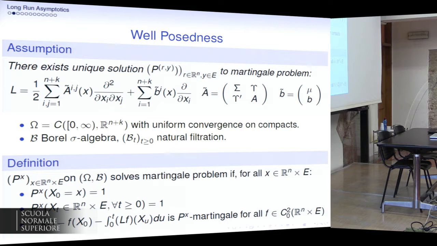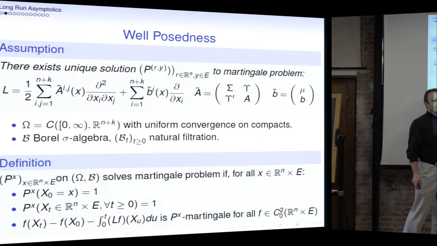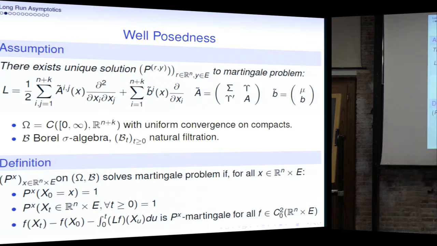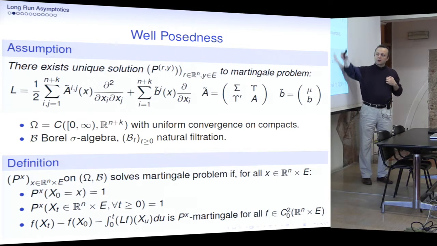And at that point, you also want that if you take any bounded smooth function of the state, when you subtract the drift that comes from the operator, then this should be a martingale, okay? So this is the definition of a martingale problem given by Stroock and Varadhan, and it is a canonical version of a weak solution to the SDE.